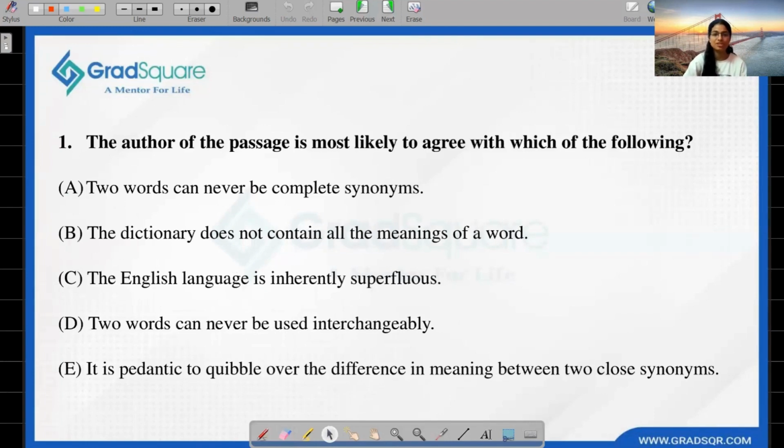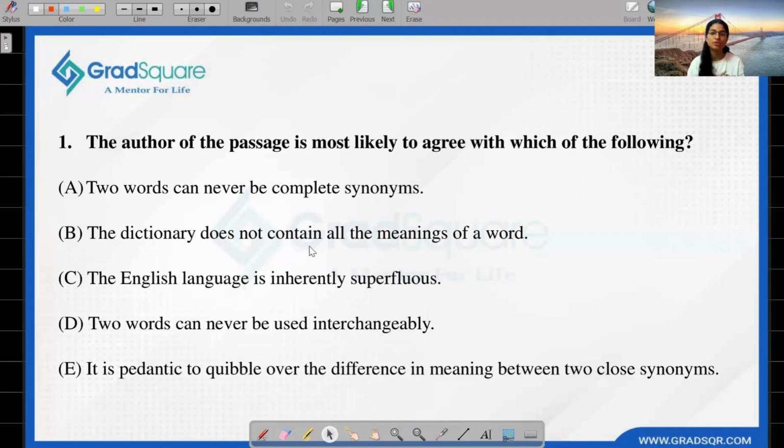The question here is: the author of the passage is most likely to agree with which of the following? So let's see the options that have been given. Two words can never be complete synonyms. The author clearly states in the second paragraph that there is no point in having multiple words with the same meaning.